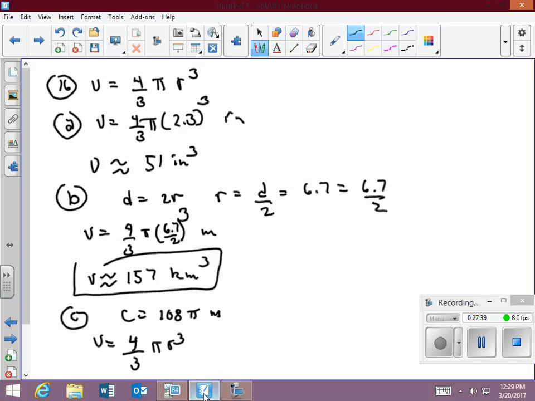So what are we going to have to do? Refresh me on the circumference formula. Circumference is equal to pi times the diameter. The radius equals the diameter over 2.